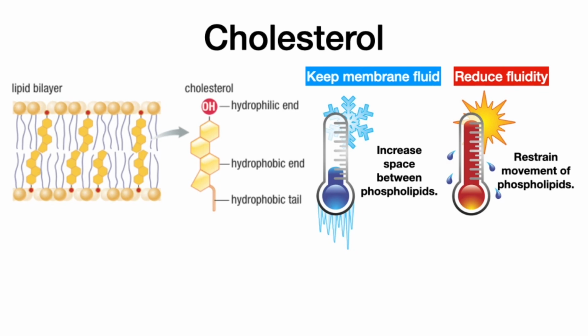Cholesterol extends the range of temperatures in which a membrane can remain fluid and therefore functional. At lower temperatures, cholesterol increases the space between phospholipids, which keeps the membrane fluid. At higher temperatures, cholesterol restrains the movement of phospholipids, reducing the fluidity of the membrane, essentially keeping it from melting.